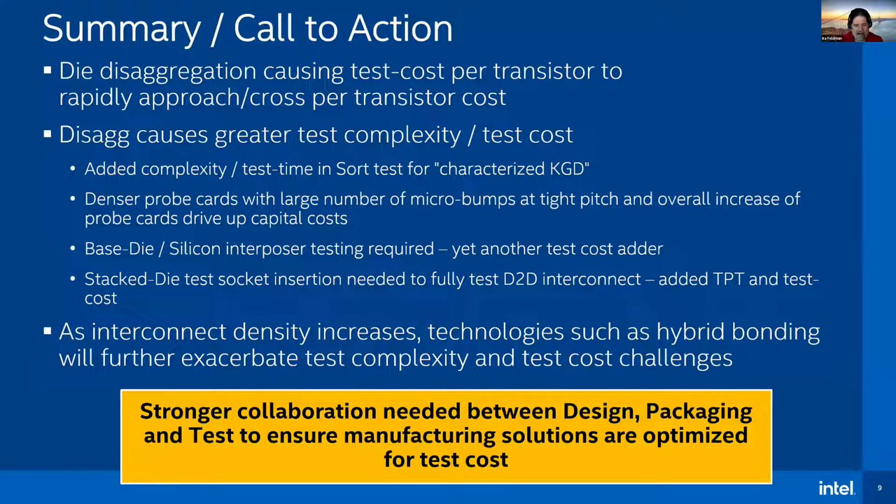Understood. And earlier in the presentation, you talked about testing the base die or the silicon interposer or the bridges. Is automated optical inspection sufficient for those, or do they require electrical test? I'm not sure I would be able to answer that very well.